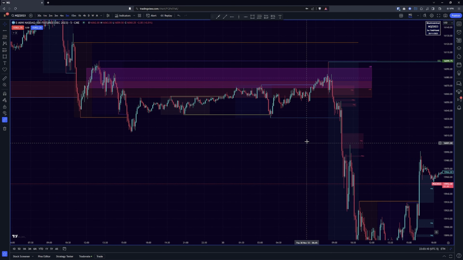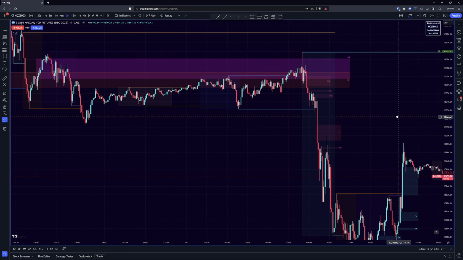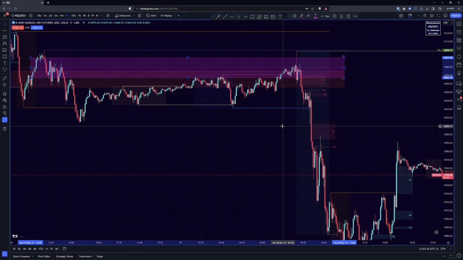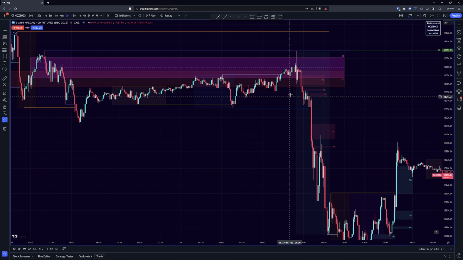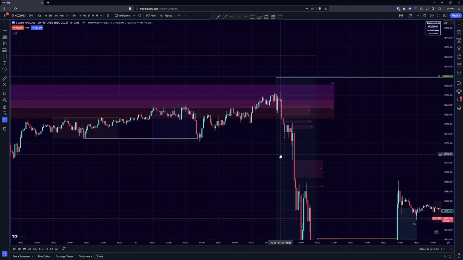So as you see, we have this mitigation block here transposed from the 1 hour, as well as the order block, right? When I took the trade, let me talk about the thought process, I guess. So I didn't take the trade all through here.